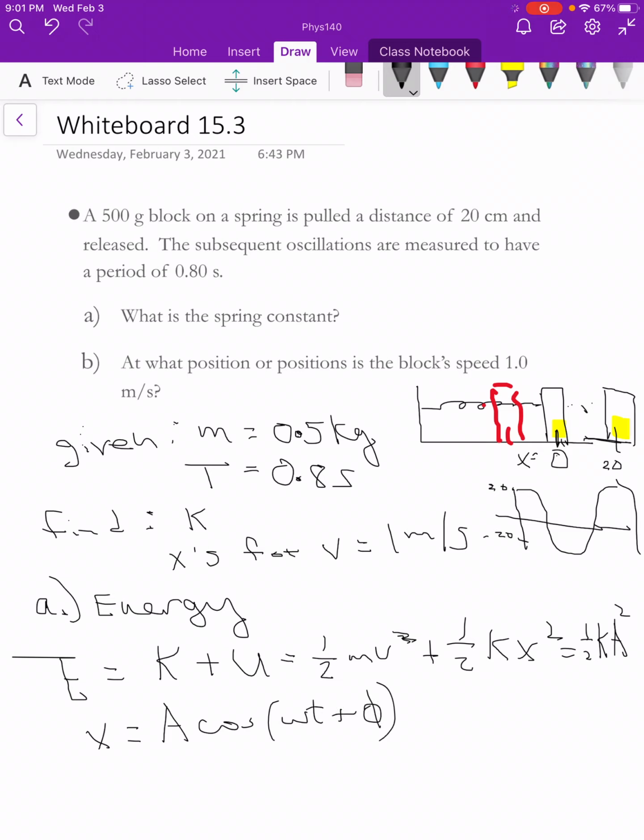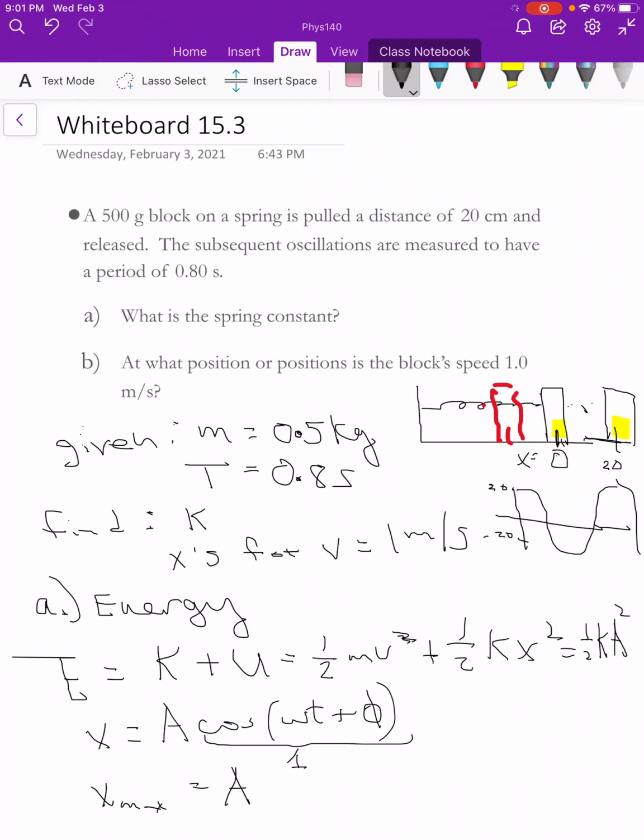And when it's fully stretched, then I know that my x is going to equal A, since the cosine is equal to 1. So I can represent x max is equal to A.